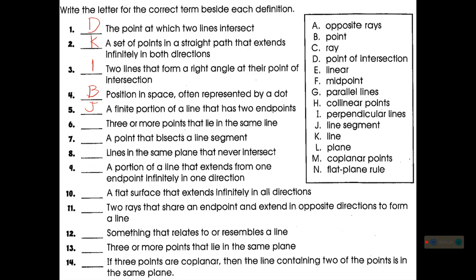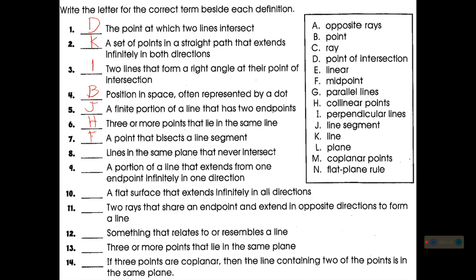Next, number 6. Three or more points that lie in the same line. What do you call them? Correct. They are letter H, collinear points. Next, number 7. We have a point that bisects a line segment. What should it be? Correct. That is a midpoint.